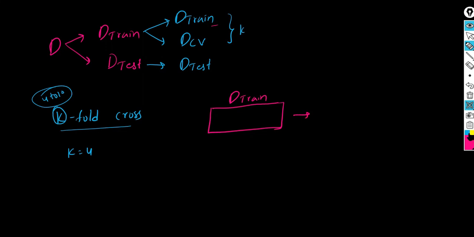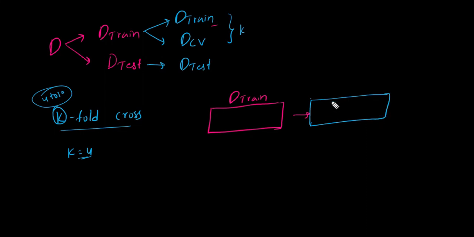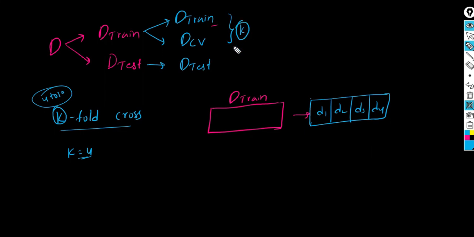Now by using k-fold cross validation, with k as 4, we'll split the data into 4 folds. Let's call the parts D1, D2, D3, D4. Now let's see how we are going to use this data to find the best k value.